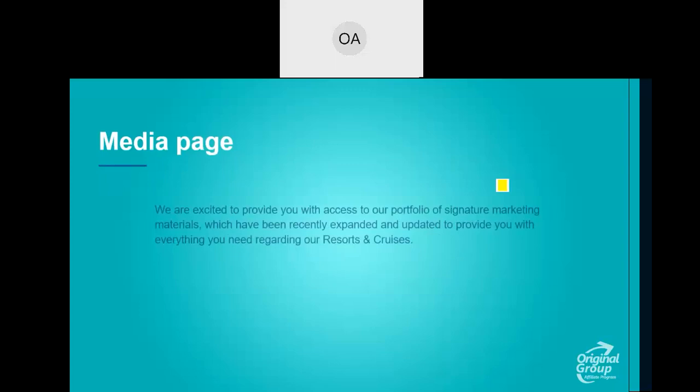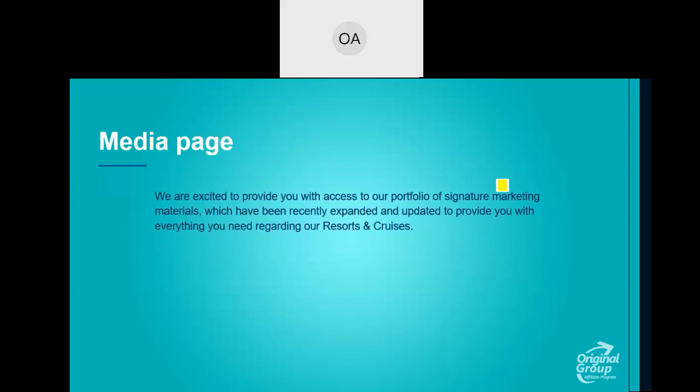Now, because you do want to stay relevant with your users and not constantly just push promo codes or offers in front of them, you do want to also let them know what's going on at Temptation. And for this, we do have our media page.